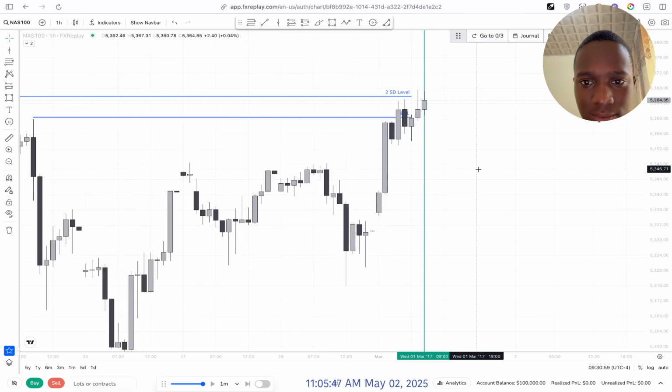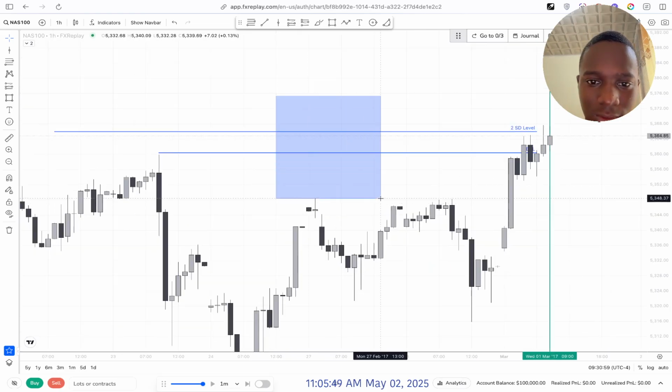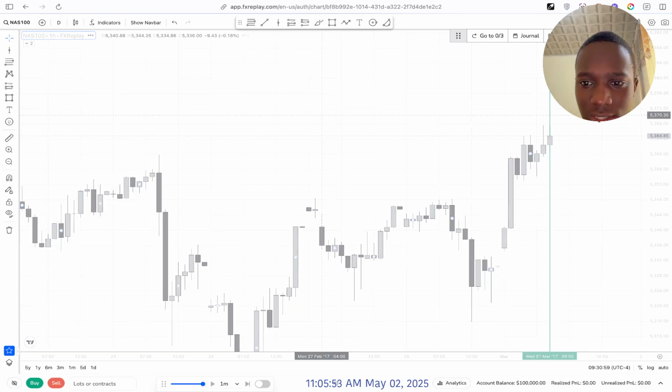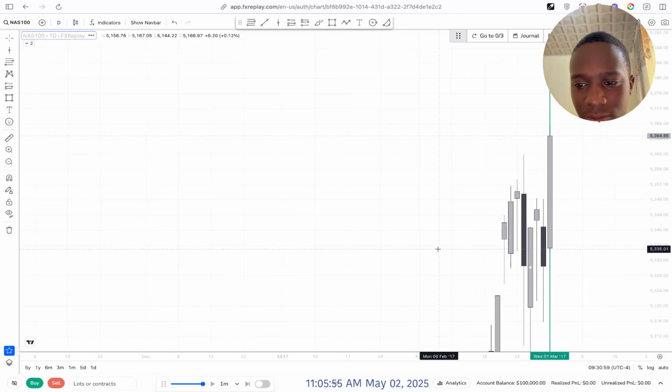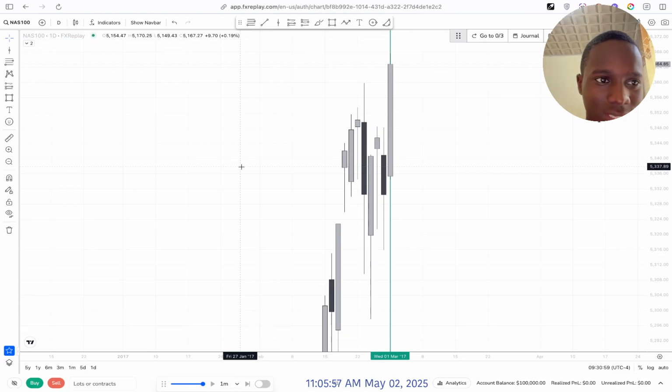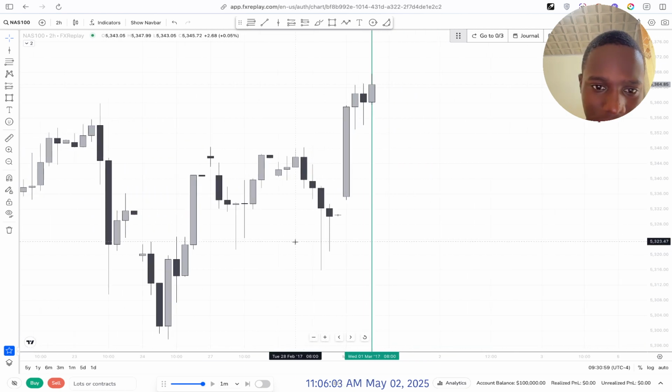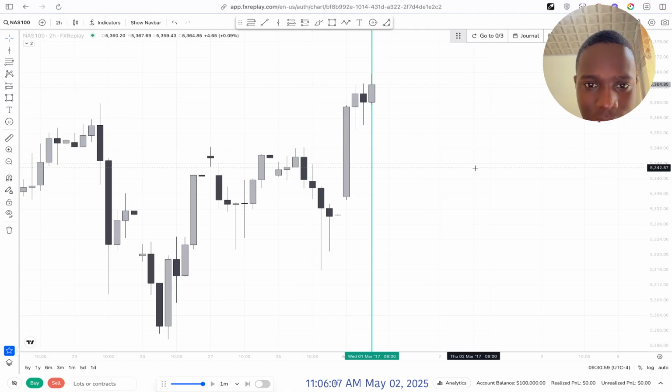1 hour. So we would look for a false move. We're going to look for a false downward move, a manipulation move, and then that one will give us a standard deviation level to target. So yeah, you can see this sweep move right here. It's our false move.